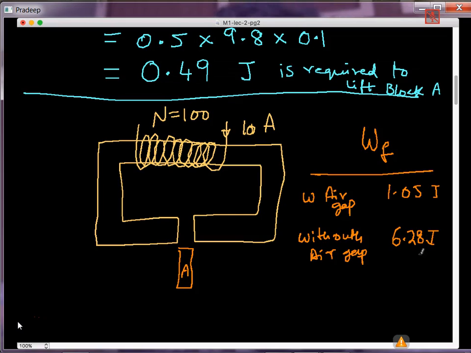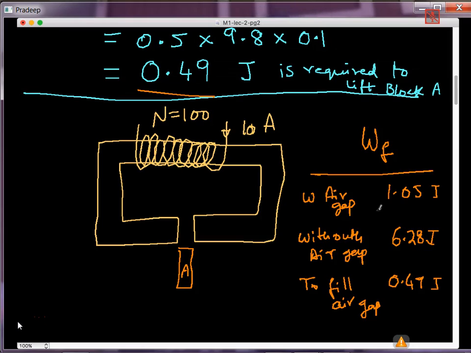And energy required to fill the air gap is only 0.49 joules. So the question is, do we have enough energy to fill the air gap?